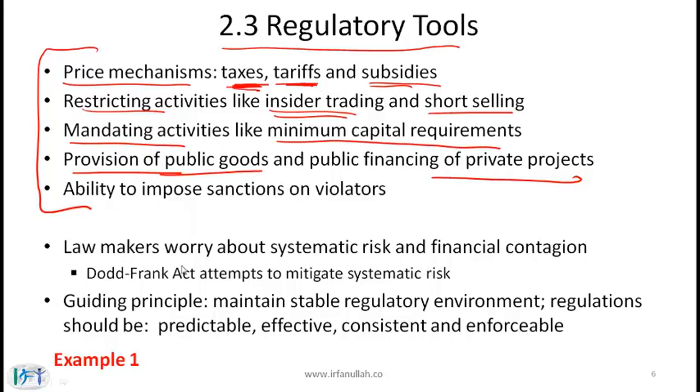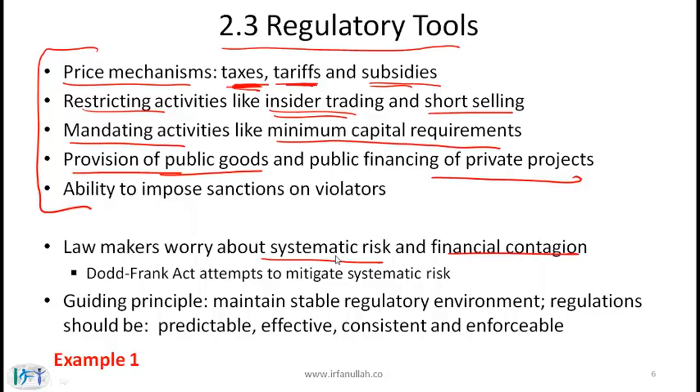Now, some general remarks. Lawmakers need to worry about systematic risk and financial contagion. Systematic risk refers to the risk associated with the overall financial system. If a particular entity such as AIG is at risk or has an issue, given the importance of that entity in the financial system, and the potential impact that will have on the whole financial system if a large company such as AIG gets into trouble, that is an example of systematic risk.